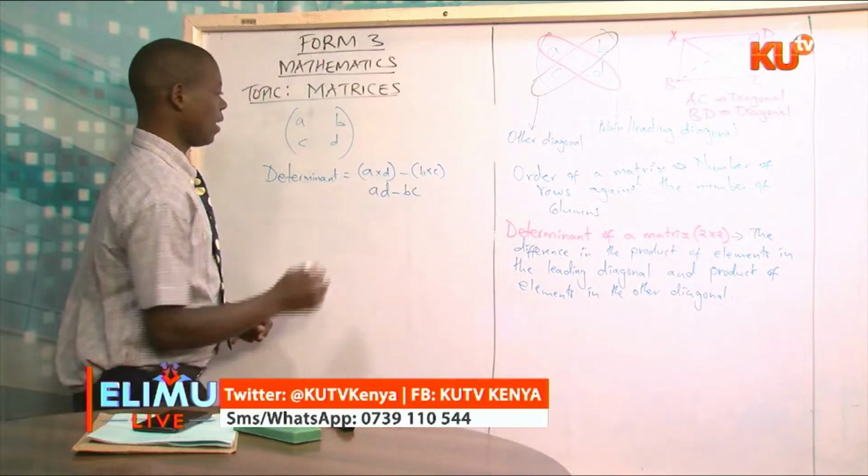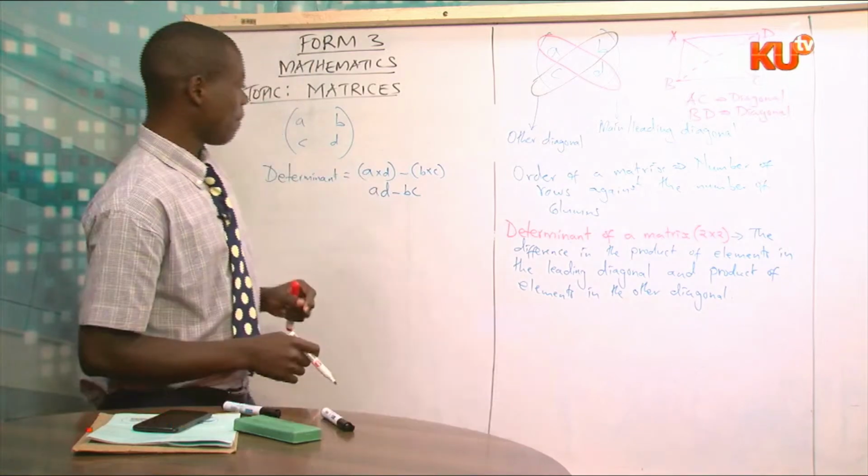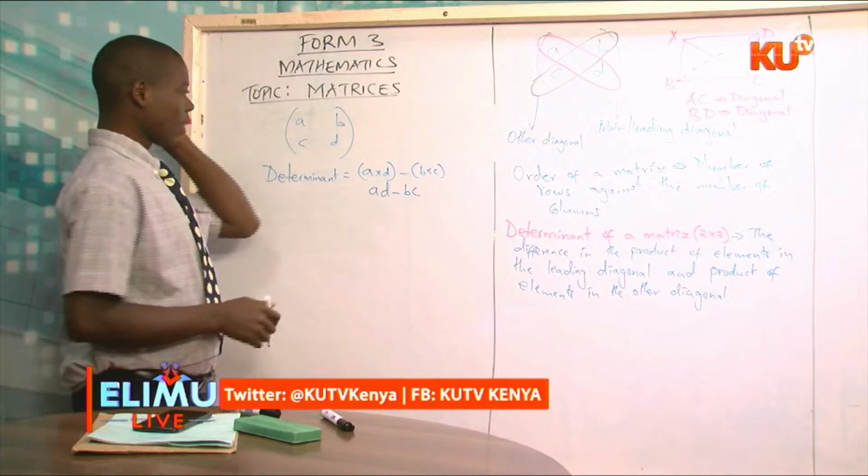That is our determinant for this matrix. The determinant will be AD minus BC.